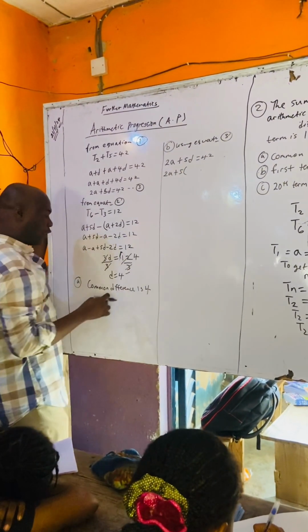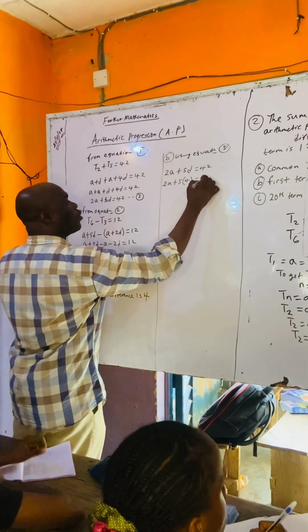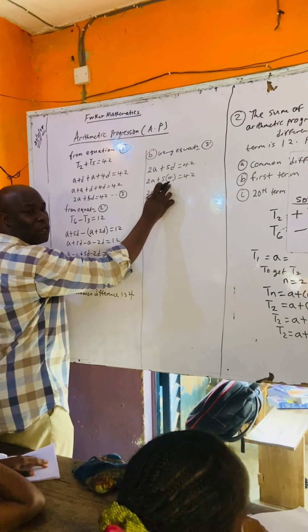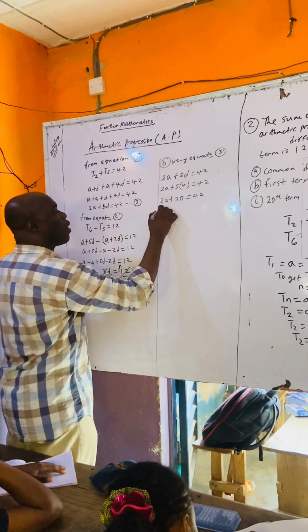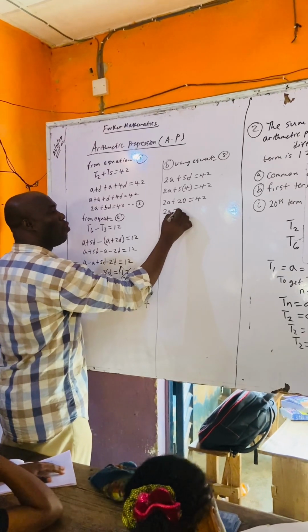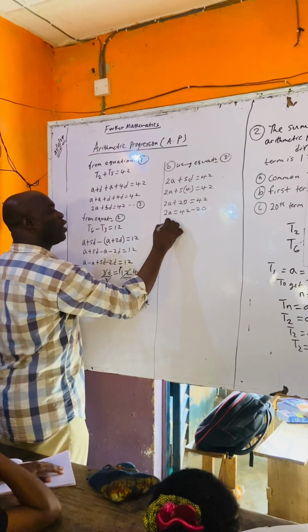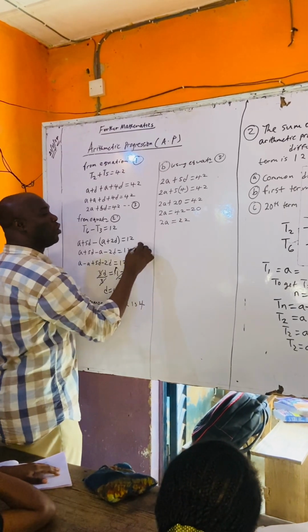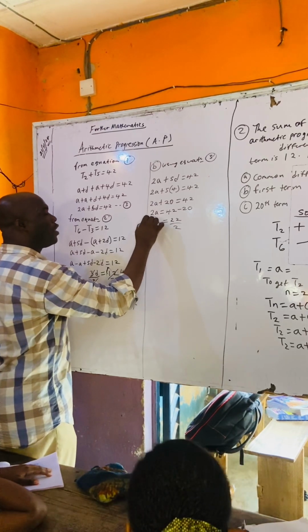We've gotten the value for d already, which is 4. So we have 2a plus 5 times 4, 20, equal to 42. So we have 2a equal to 42 minus 20. So we have 2a equal to 22. We divide both sides by 2.